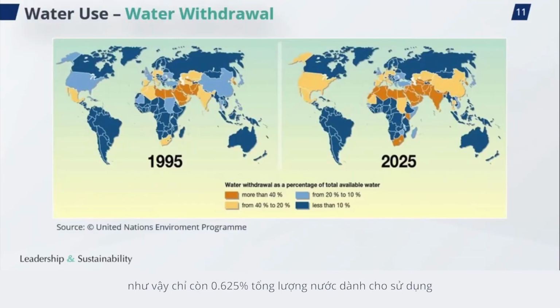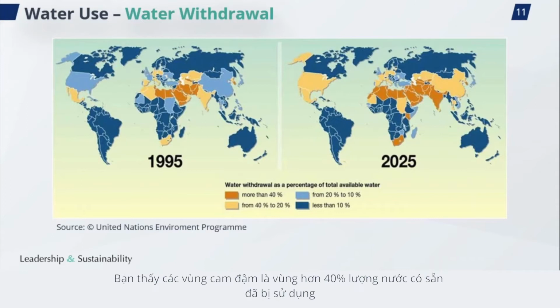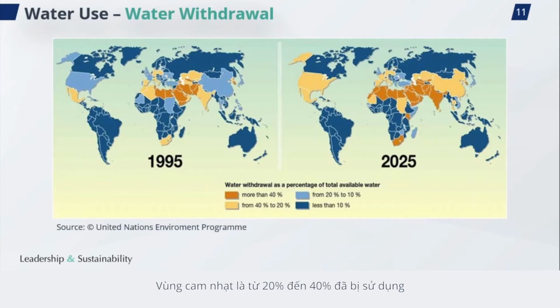And here you can see a map from the United Nations Environmental Programme. It shows the percentage of all available water that is actually used for 1995 and for 2025. And you can see the dark orange means that more than 40% of the available water is actually used. And the lighter orange means that 20 to 40% of the total available water is used.